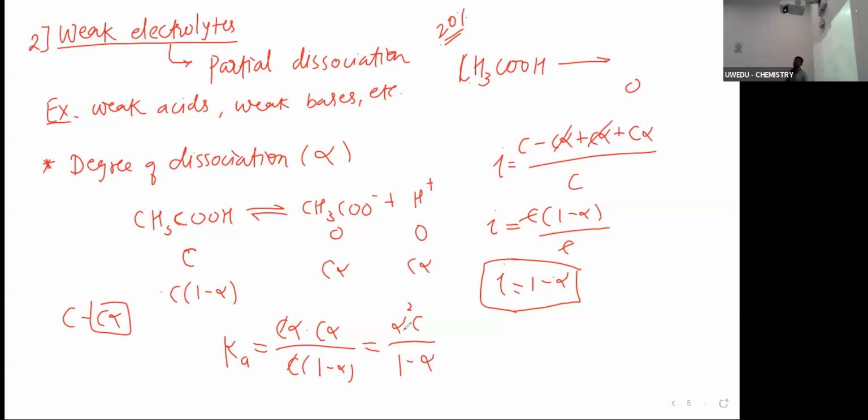And there is one shortcut we have to remember. Write down this for CH3COOH. After that, I'll give one shortcut. Done?